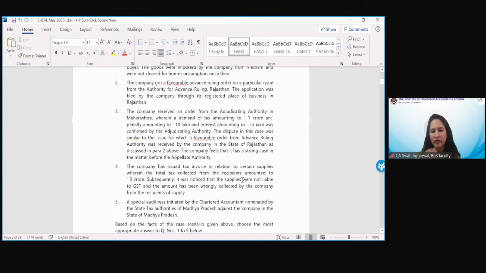And you may refer to point C. See, locating the relevant information is also very important. All the relevant information relating to appeal has been given in point 3. So you have to refer to point 3.